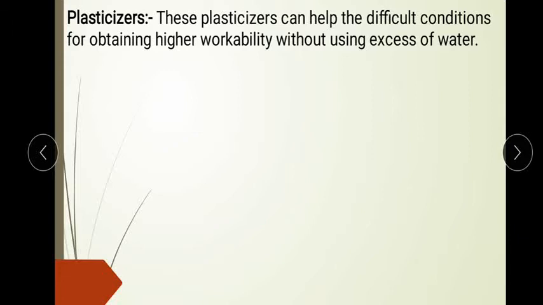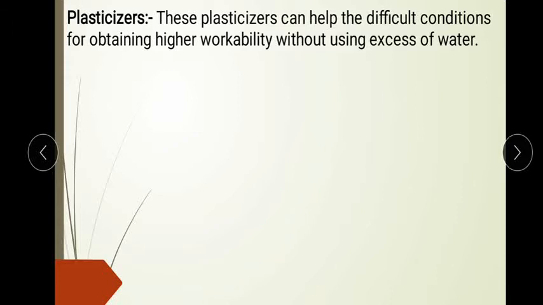If we want more flowability for the concrete without adding any excess water, it is not possible without the addition of an extra material like an admixture. But by using a plasticizer, without adding any excess water, we can get a good flowable concrete. We can even reduce the water.